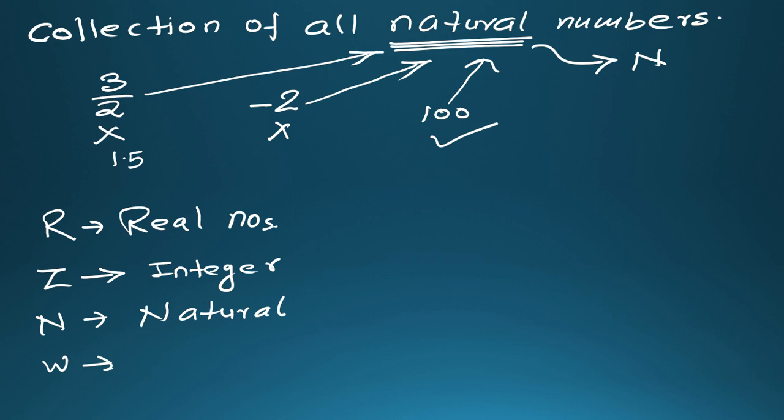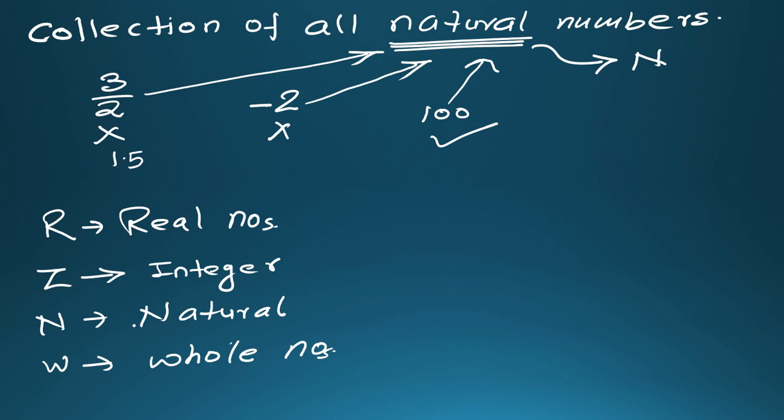Whole numbers, W, the set of whole numbers. These are the various categories of numbers which will be used in the upcoming questions. I am sure this is clear to you. I am sure you understand the concept behind a well defined object, a well defined collection, and just a collection only. So every set is a well defined collection.